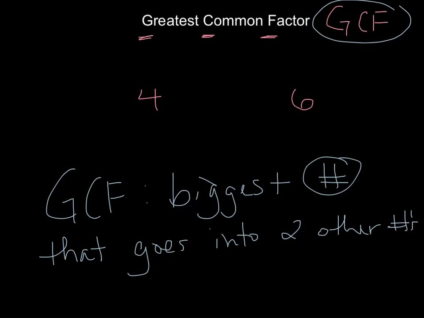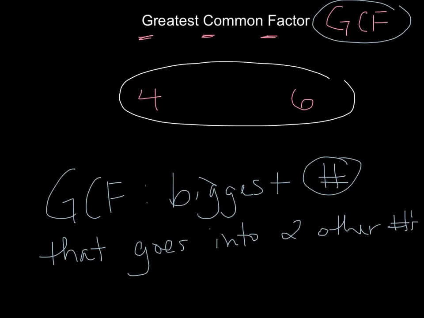We can find the GCF of many more than just two numbers, but for right now, that's what we're going to concentrate on. So in this case, I would ask myself, what's the biggest thing that goes into both 4 and 6?